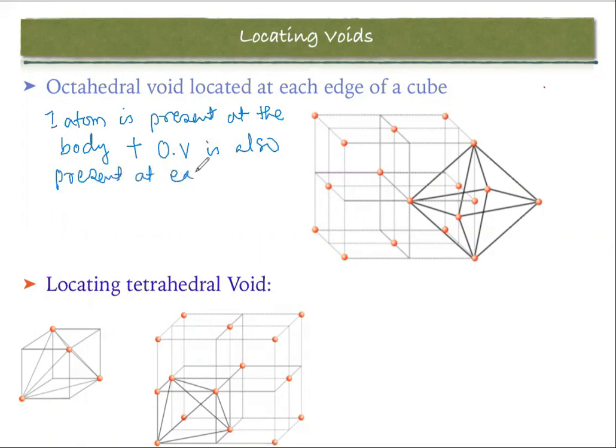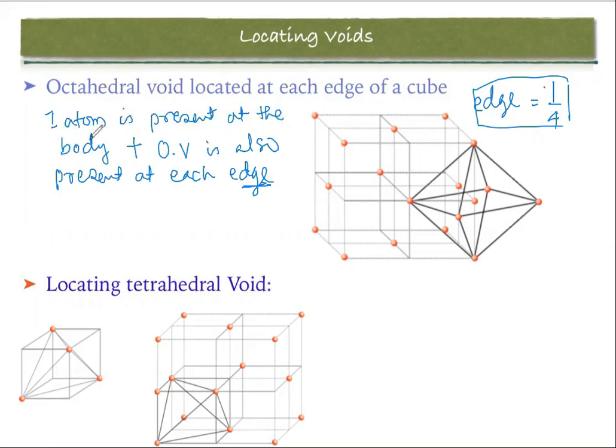How many edges are there in this cube? Total 12 edges. And each edge atom contribution is 1/4 of an atom. So just remember edge atom contribution is 1/4.